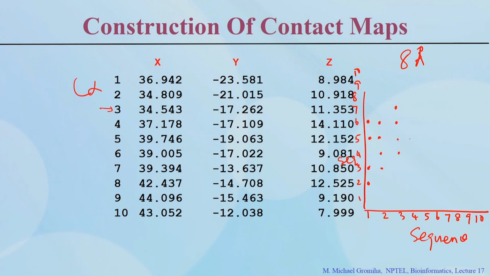Then 4 and 5, yes. 4 and 6, yes. 4 and 7, yes. 4 and 8, probably yes. 4 and 9, maybe no. 4 and 10, no. Then 5 and 6, yes. 5 and 7, yes. 5 and 8, yes. 5 and 9, yes. 5 and 10, maybe no. Then 6 and 7, yes. 6 and 8, 6 and 9, no. 6 and 10, yes.